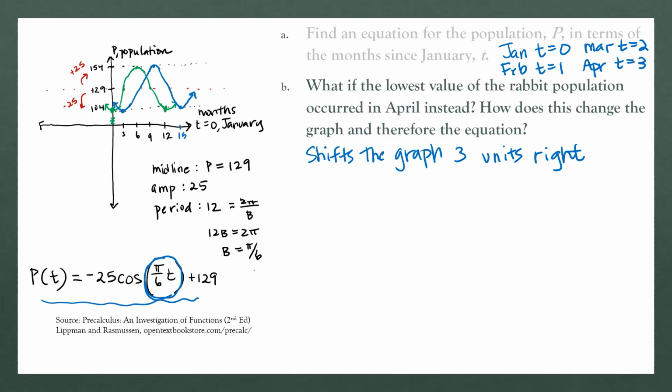So what I mean by that is we would have P of t equal to negative 25 times the cosine of pi over 6. And now I'm going to put parentheses and show that shift. I'm going to the right 3 units, and so I'm going to say minus 3 plus 129. So that would be the effect of changing the lowest value to April instead of January.